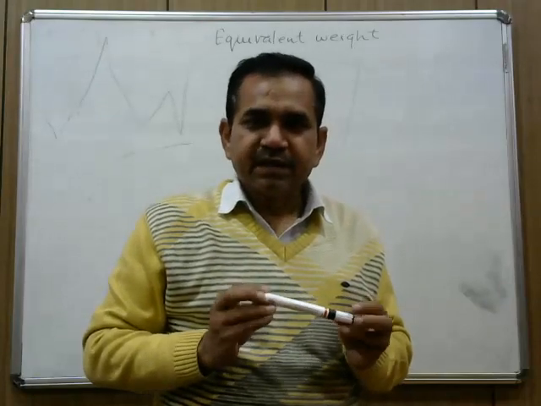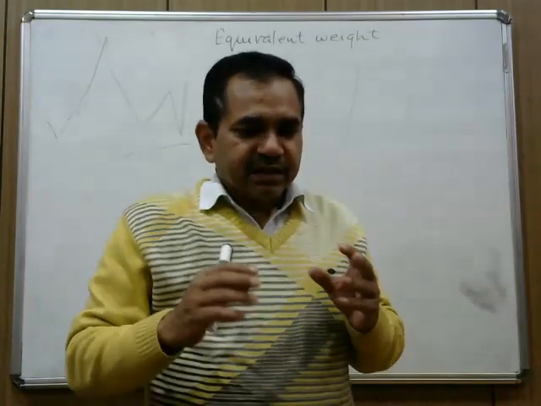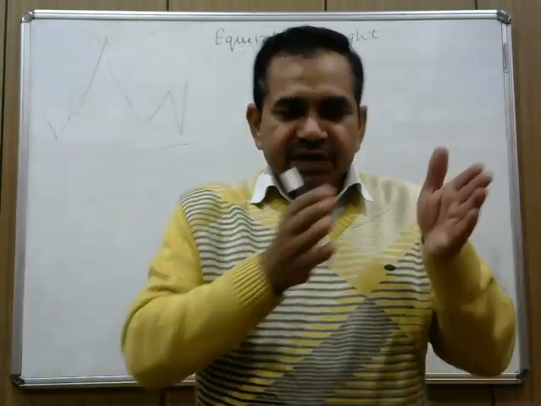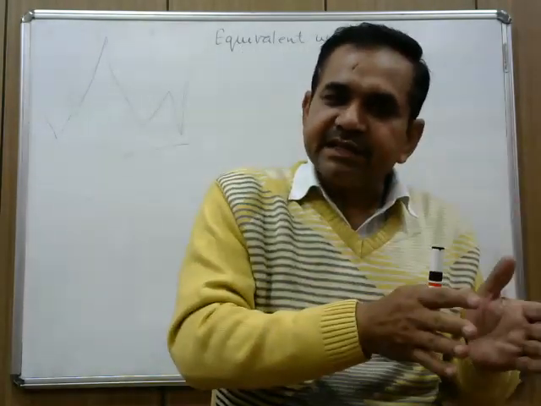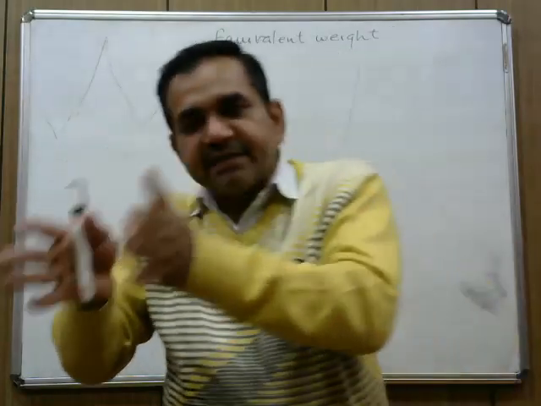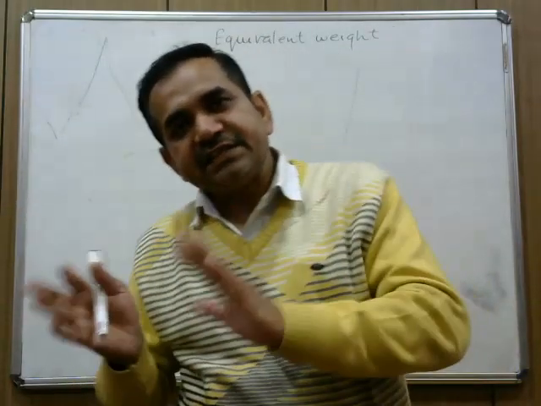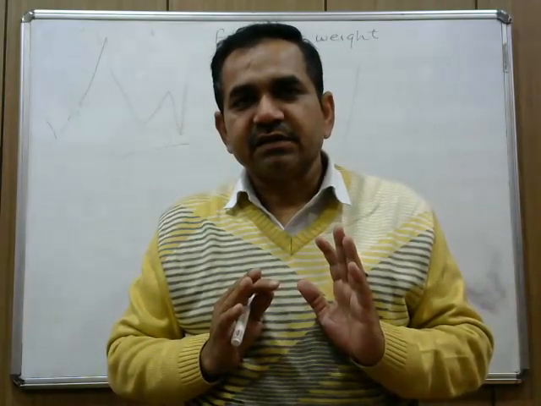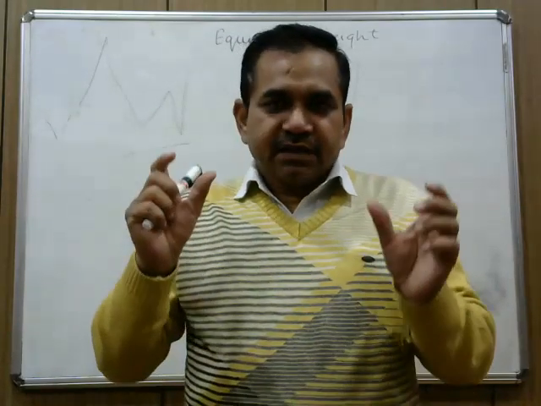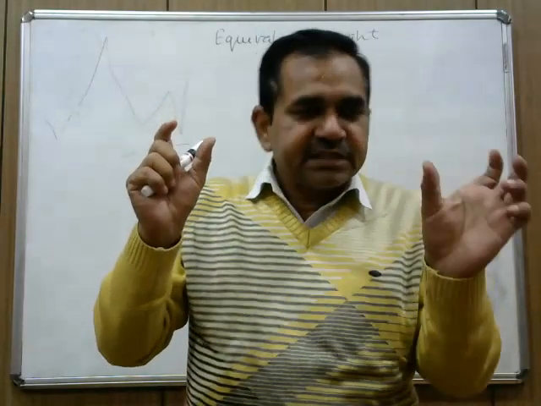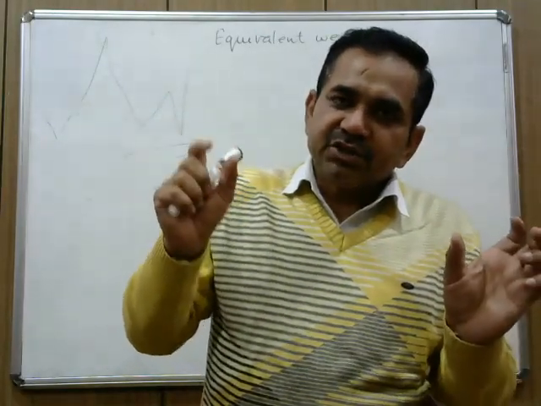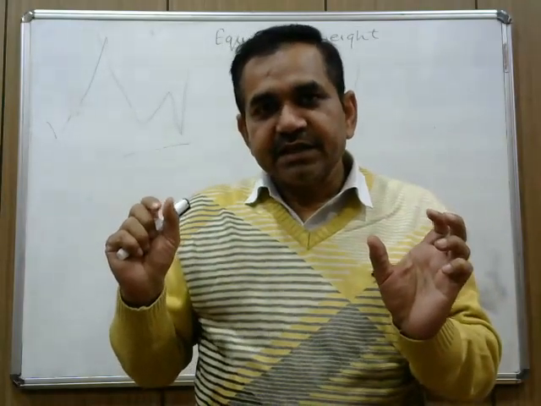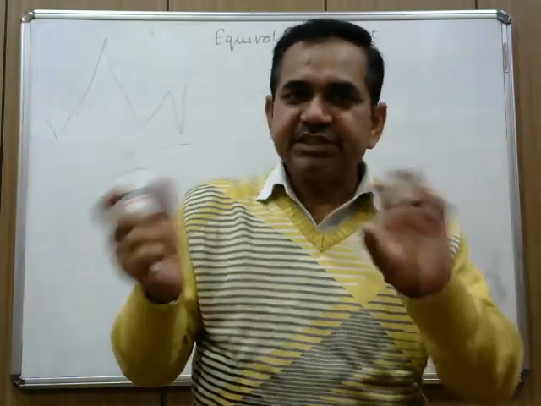Simple. In a similar way, in the concept of equivalent weights, the weight of any substance is compared with a standard weight of any other thing, and the amount of one substance which is required to react with that standard weight is equivalent to it.